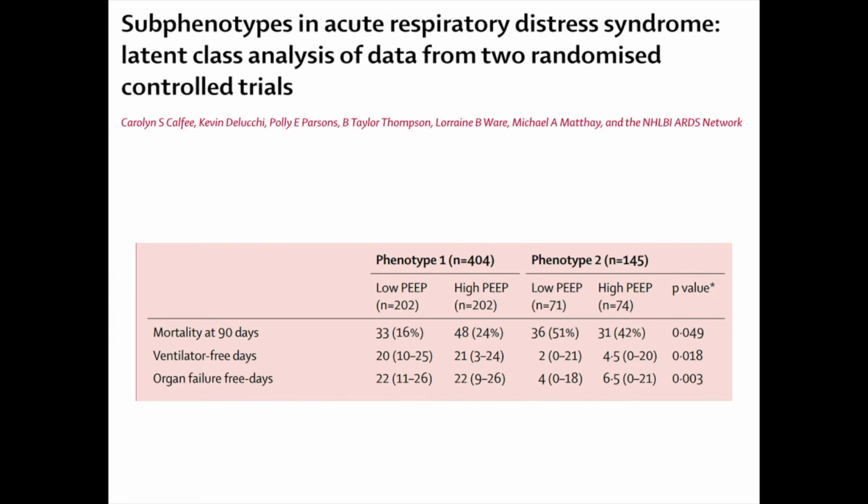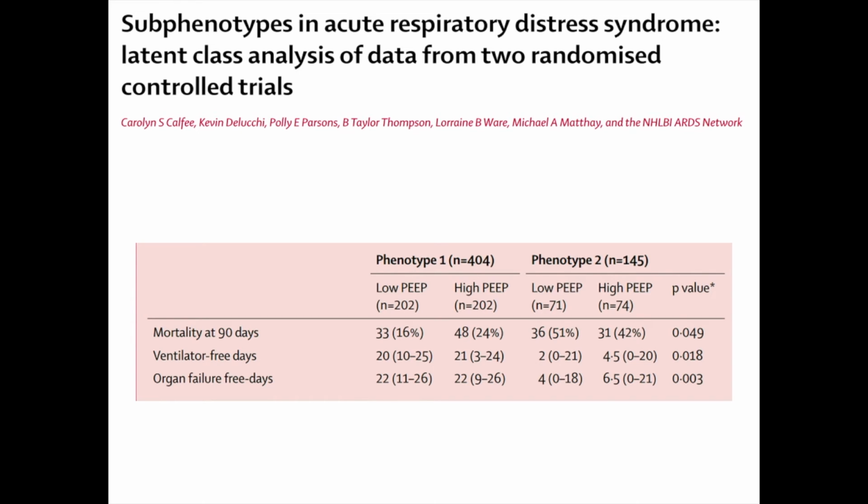And we can see here that the mortality seen with low PEEP versus high PEEP is much more in phenotype 1. If you are giving high PEEP, you are having a higher mortality rate, while in phenotype 2, you are finding a lower mortality rate. And this is statistically significant.